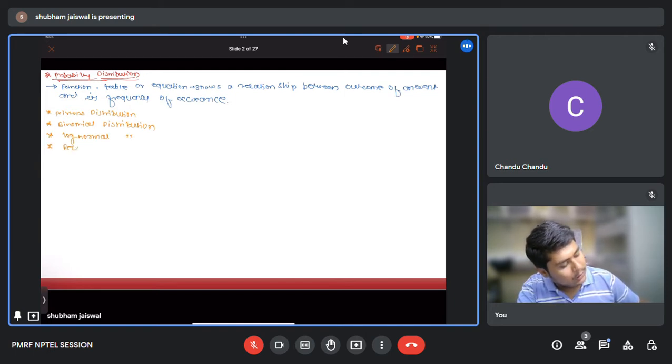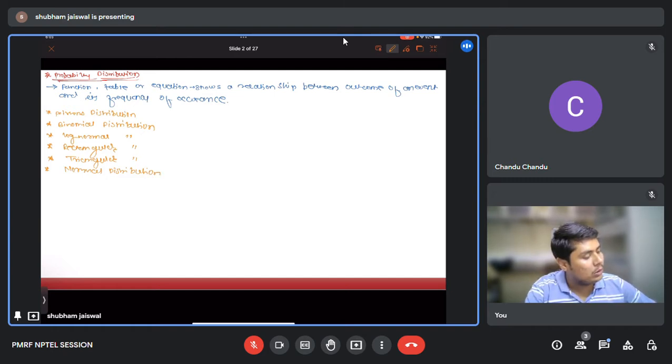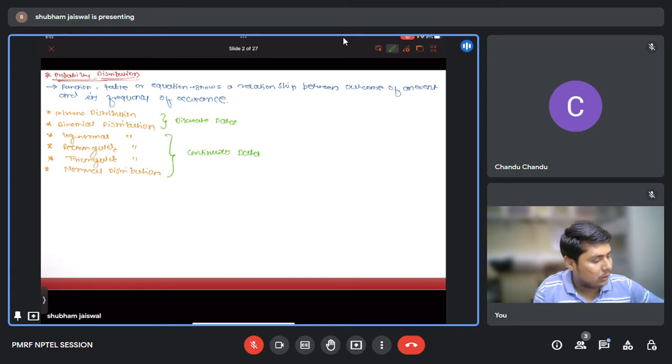The fourth is rectangular, then triangular, and at the very last, normal. Out of these six, the first two, Poisson's distribution and binomial distribution, are used for discrete data, and the remaining four are used for continuous data.